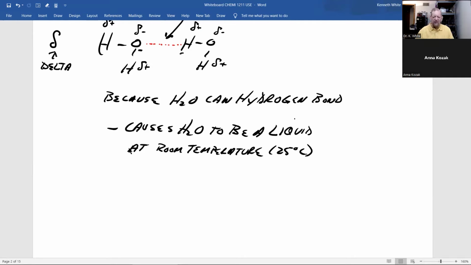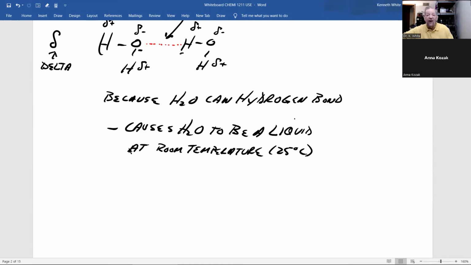And probably one of the most important is water is a liquid at room temperature because of hydrogen bonding. Room temperature is approximately 25 degrees C, I think that's 77 degrees F. And if you notice in my bottle here of water, it's a liquid.